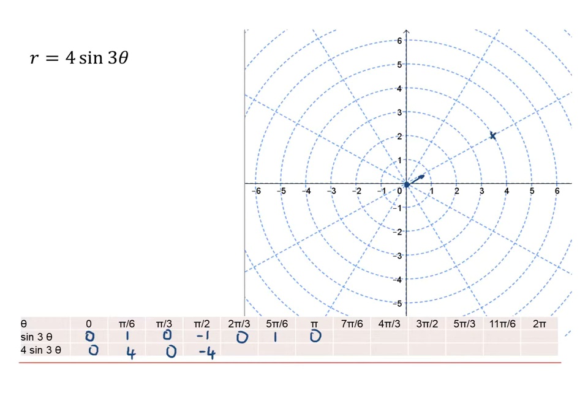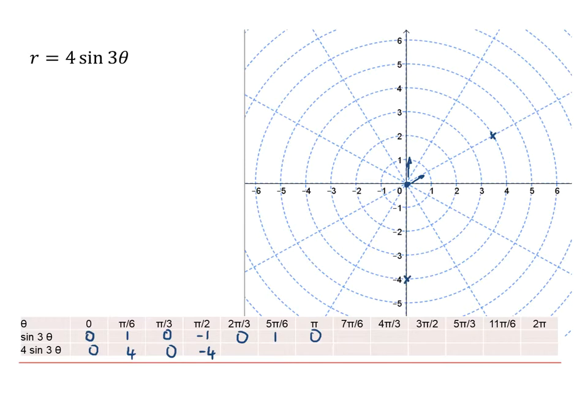But then comes back to 0. And then what's going to happen now is it becomes negative. So when we reach the direction of pi by 2, which is up there, it actually becomes negative 4, which is down here.